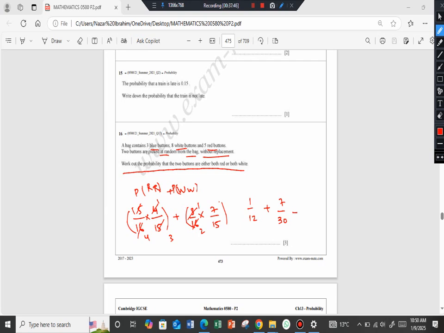So 1 upon 12 plus 7 upon 30, it means that I need to take the LCM of the two numbers, 12 and 30. Am I right?